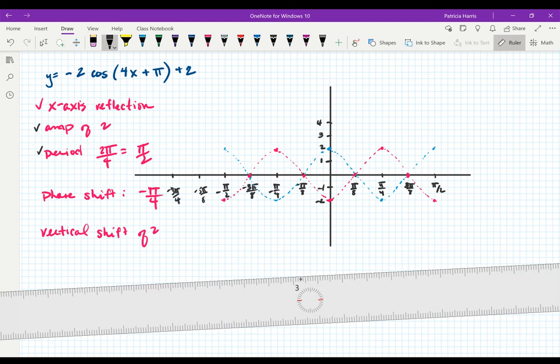Okay, so I get to move everybody to the left. Okay, let's do it. Left pi over 4. So if I move just one tick mark, that's pi over 8. If I move 2 tick marks, that's pi over 4. And remember, we flipped the graph over, so we're moving from the pink, not the blue.